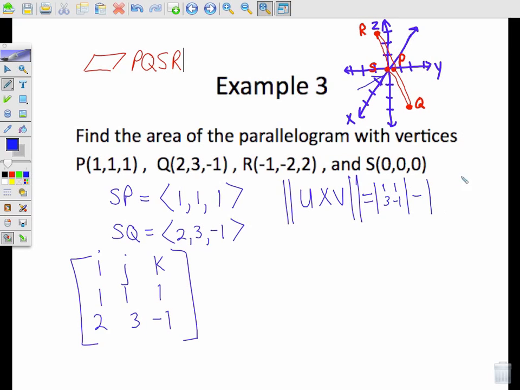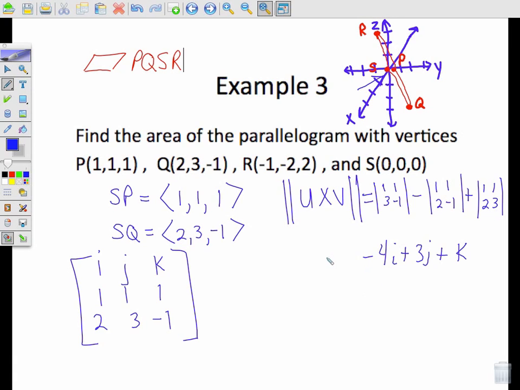My second matrix is 1, 1, 2, negative 1. And my third matrix, or determinant, is 1, 1, 2, 3. So the determinant here is negative 1 minus 3, that's negative 4I, minus negative 1 minus 2 is negative 3, so minus negative 3 is plus 3J, and 3 minus 2 is plus K. All right, that's the cross product.